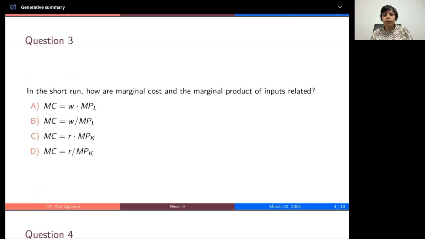How are marginal cost and marginal product of inputs related in the short run? Mind you, they're asking in the short run. So what do you think? I'll give you a few minutes to think.